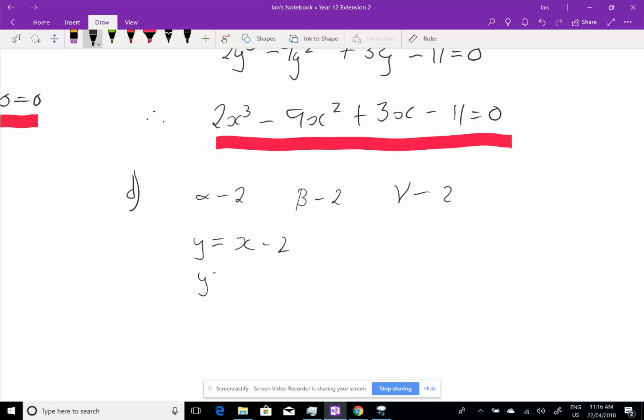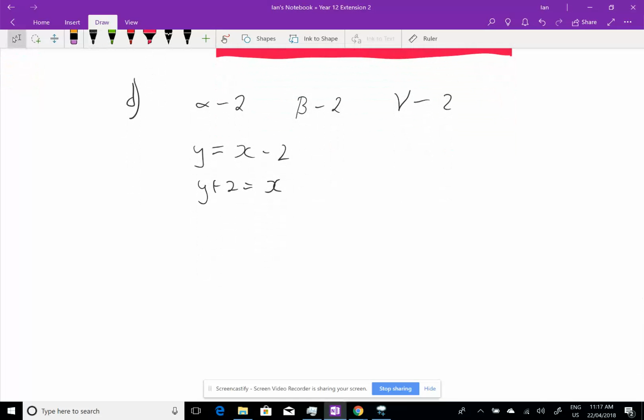Take it over. y plus 2 equals x. And we're going to plug that in. So we get 2 times y plus 2 cubed plus 3 times y plus 2 squared plus y plus 2 minus 5.